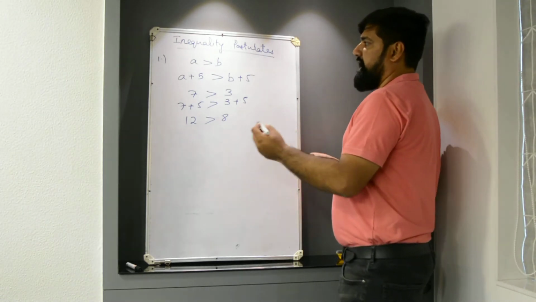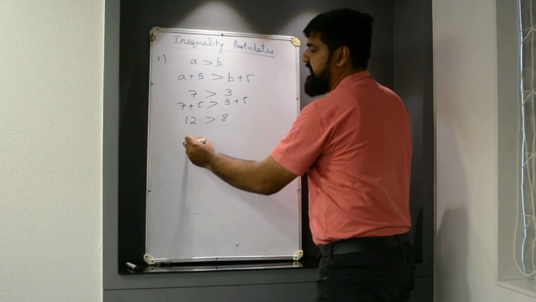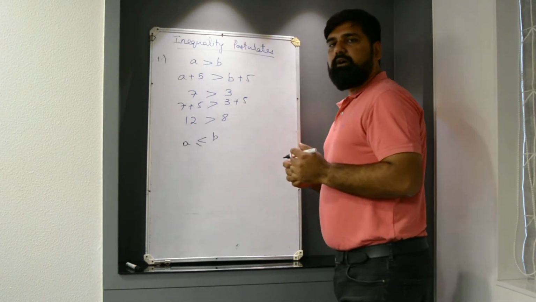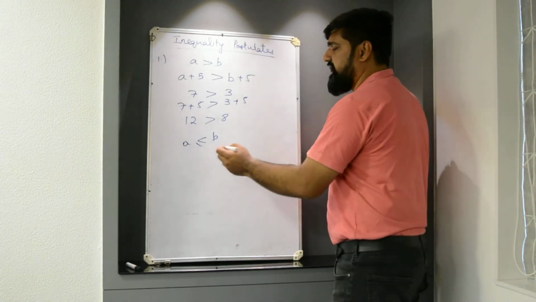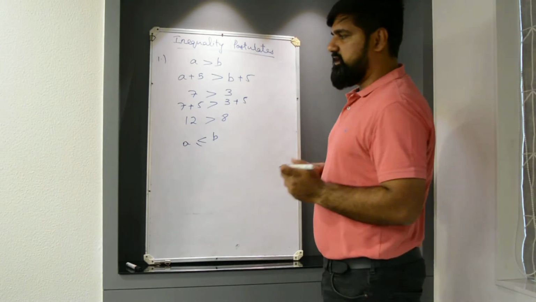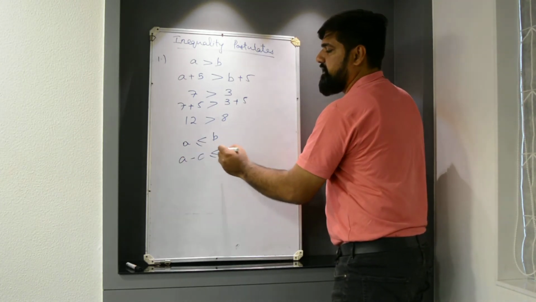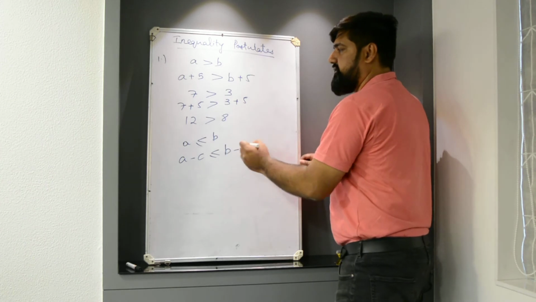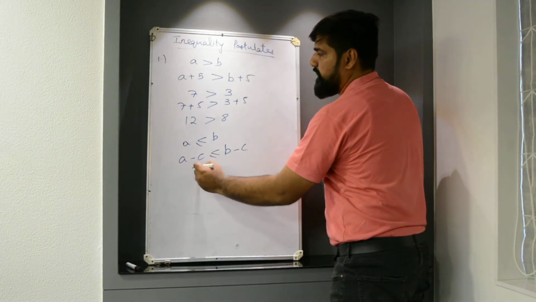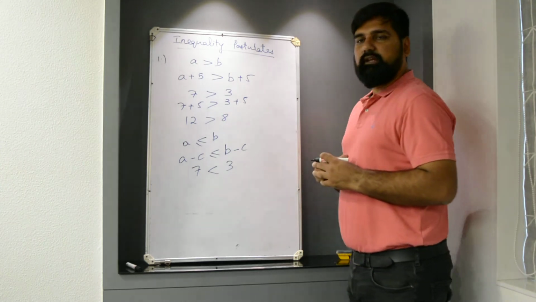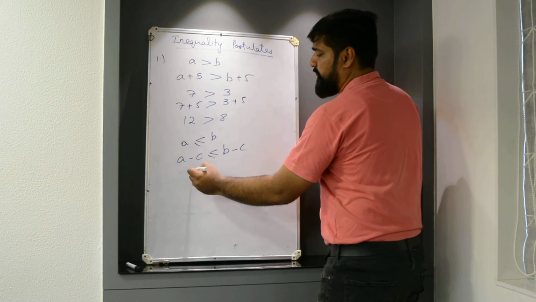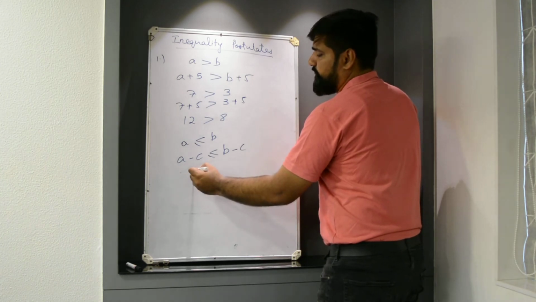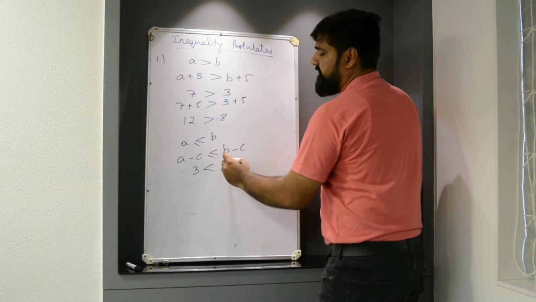I'll give you one more example. If A is less than or equal to B, and I subtract the same number C from both sides, the inequality won't change. That means A minus C will be less than or equal to B minus C. For example, 3 is less than 5.